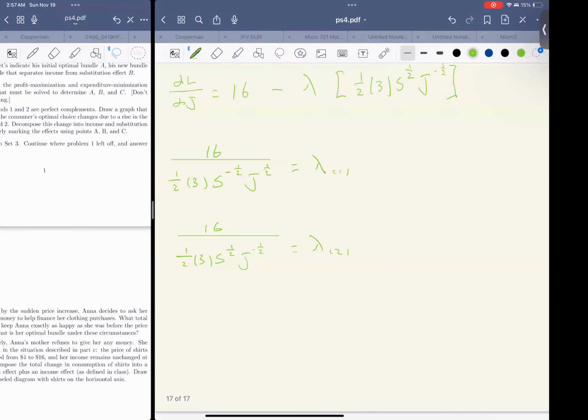So let's find it. Lambda 2 over lambda 1 equals 1, equals this.